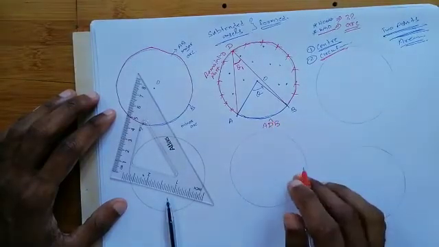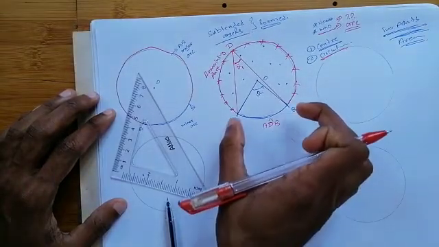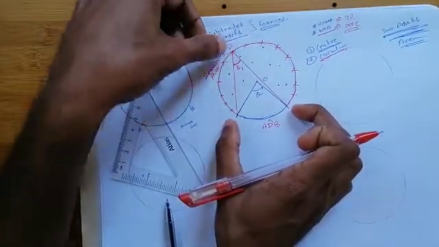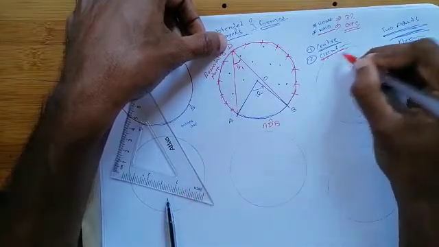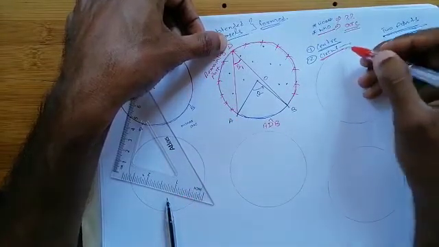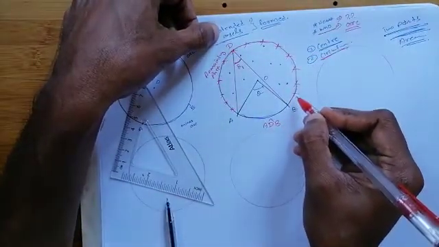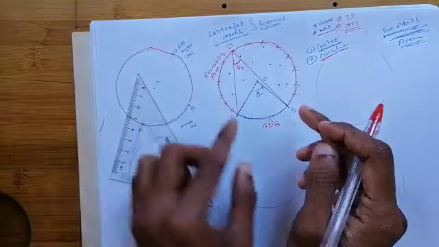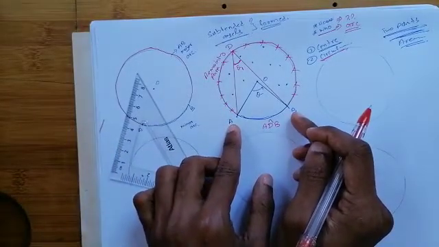It is also called the angle subtended by the arc at the circumference, or at the remaining portion. Why do we call it the remaining portion? AB arc is also on the circumference.